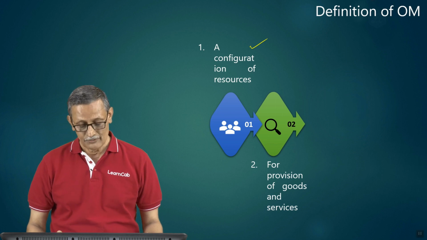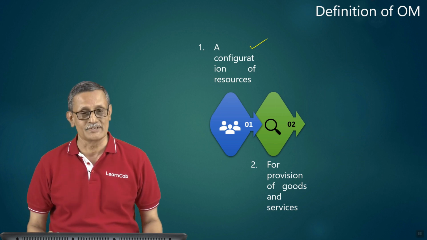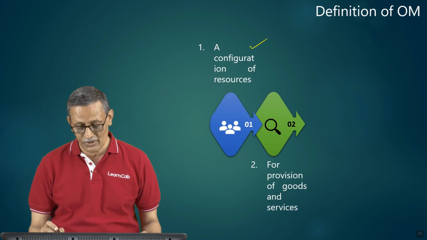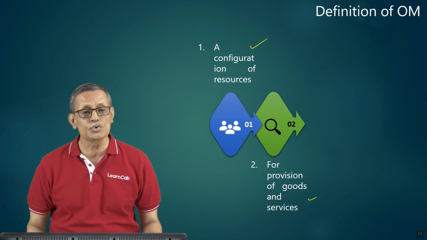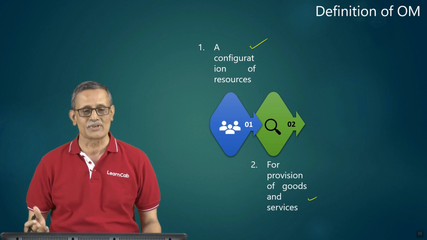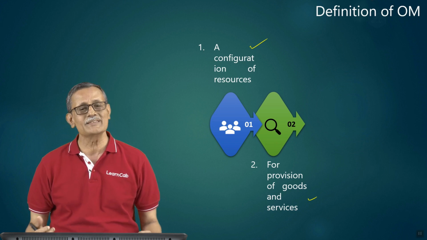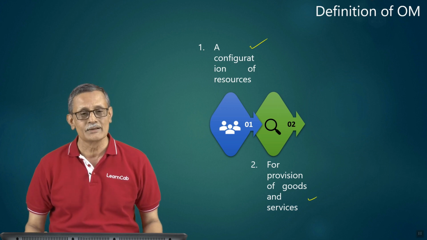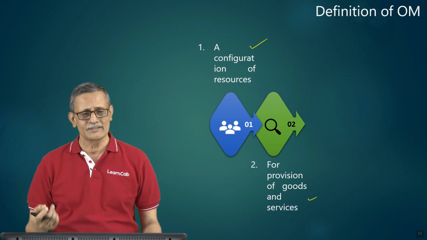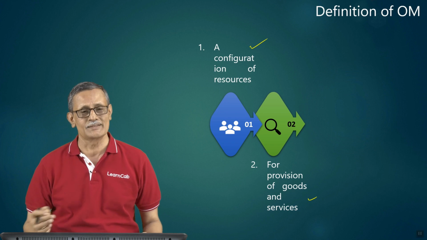Next, for provision of goods and services. That is, this configuration of resources is mainly for the provision of goods and services to the society. Every enterprise is designed around providing some goods or some service to the society. There is a fine difference between goods and services.